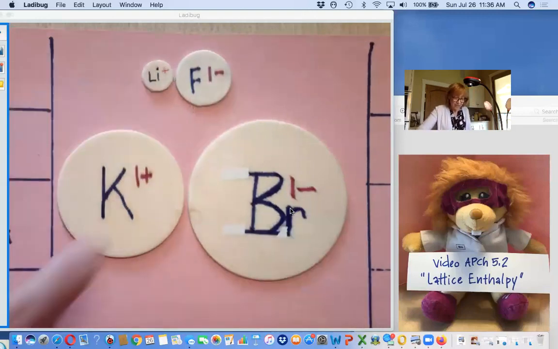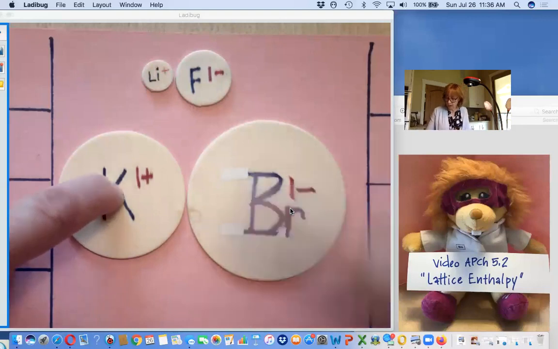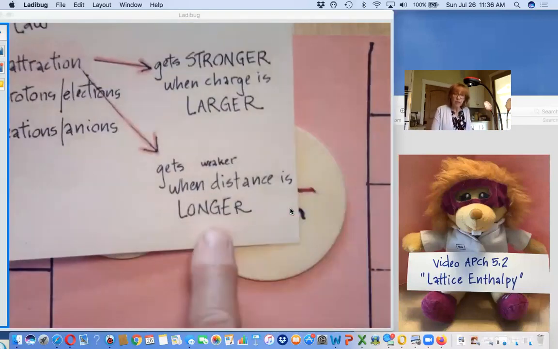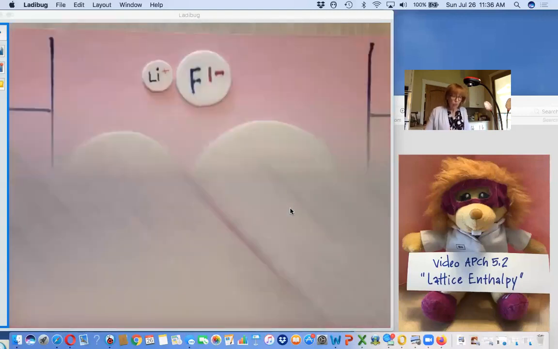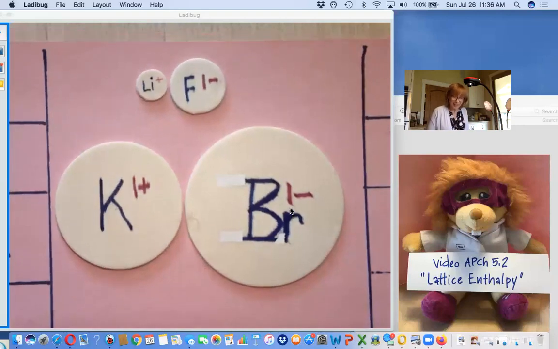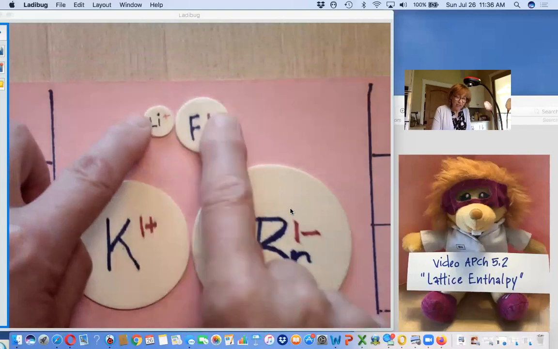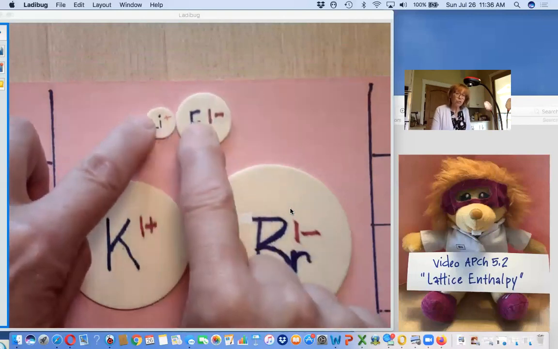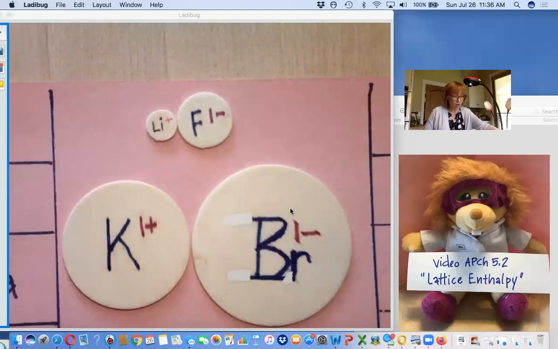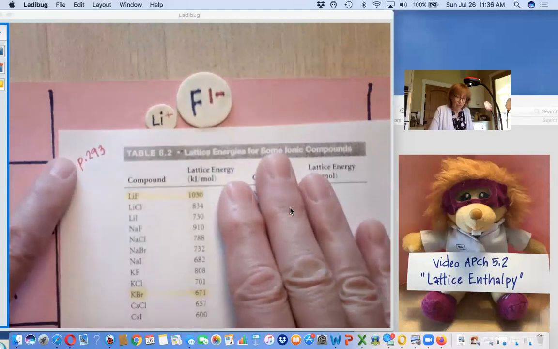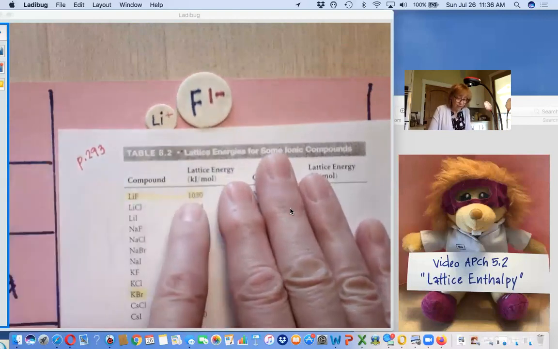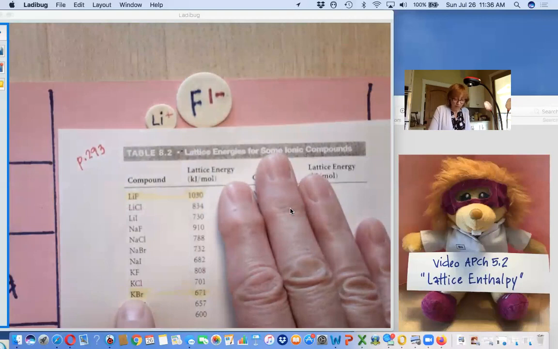Clearly, the distance is longer for potassium bromide, and when distance is longer, the force of attraction gets weaker. So Coulomb's law would help me predict that the force of attraction here should be stronger and therefore require more lattice enthalpy. And let's look here. This is in your book on 293. Sure enough, the lattice enthalpy for lithium fluoride is 1030, and the lattice enthalpy for potassium bromide is less, 671.